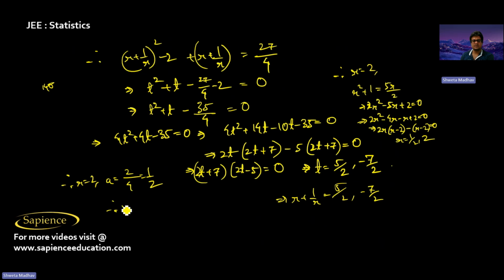Therefore now the variance sigma square, that is given as M by N, is equal to the summation of the squares: 1 by 4 plus AR, that is 1 square, plus AR square.